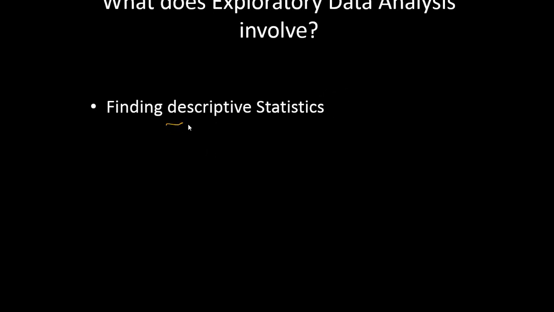We start with the basic descriptive statistics like mean, median, mode, minimum, maximum, number of missing values, and univariate analysis like your quantile plot, your quantile distribution, and then finding out your percentile distribution, extreme values and so on.